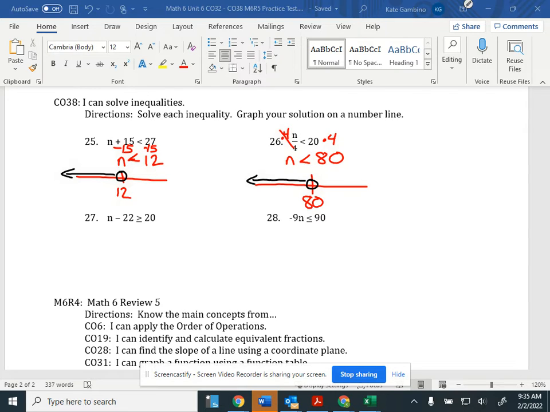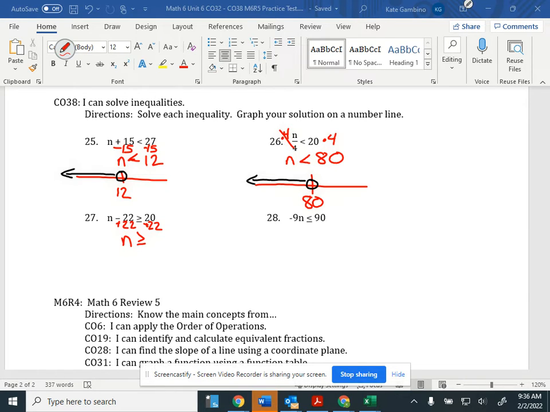Look at 27. Anthony, what's my first step? You do plus 22. I have to add 22 to each side, so I get n by itself. Minus 22 plus 22 leaves me with my n, greater than or equal to 20 plus 22.